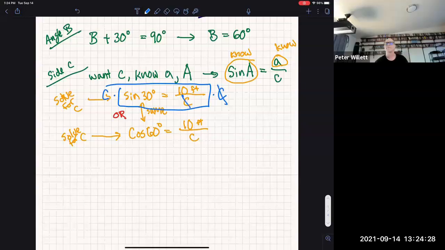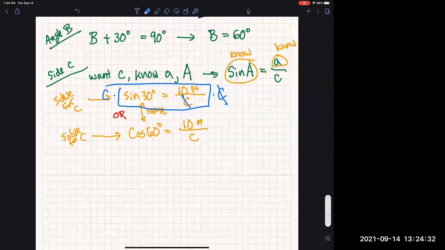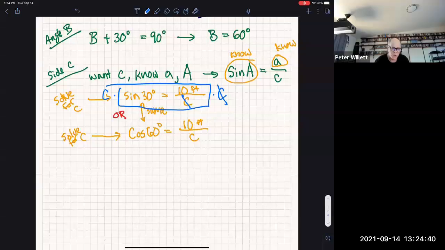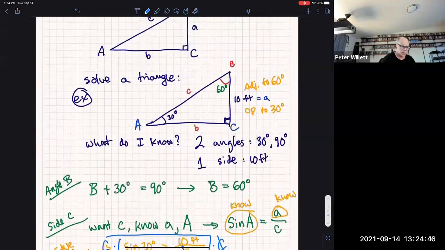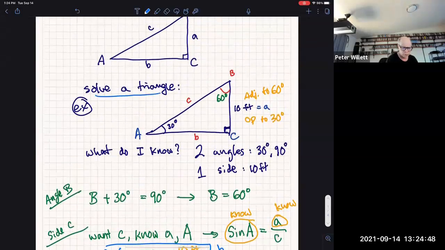Yeah, question? What are we solving for? Are we breaking apart the triangle and trying to figure out how to find sides and stuff? Why are we trying to solve for the parts of the triangle we don't know? Is that what you're asking? Yes. So I said we want to solve a triangle.